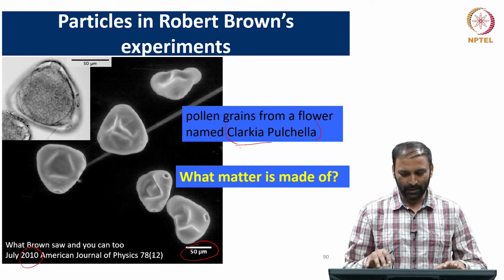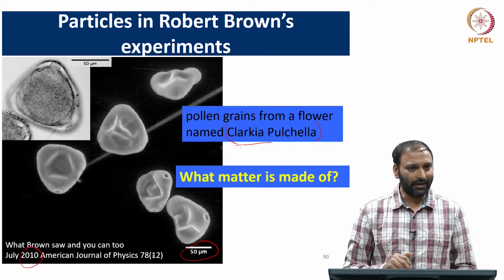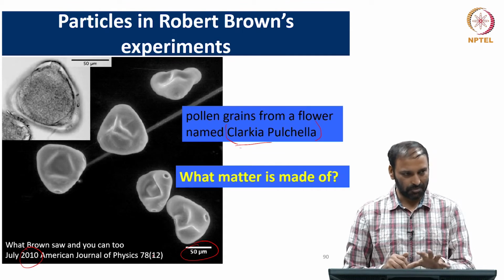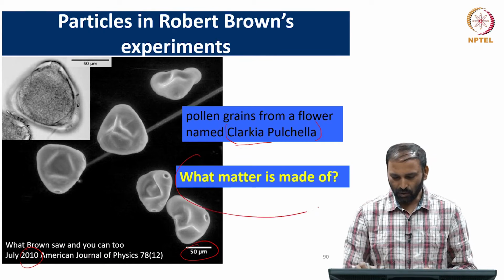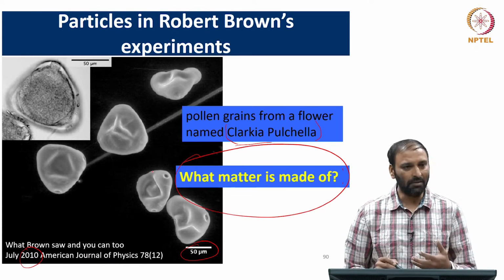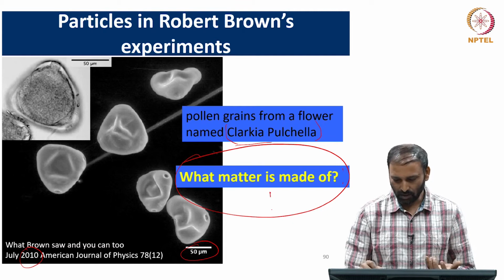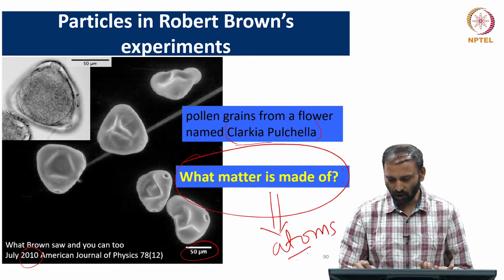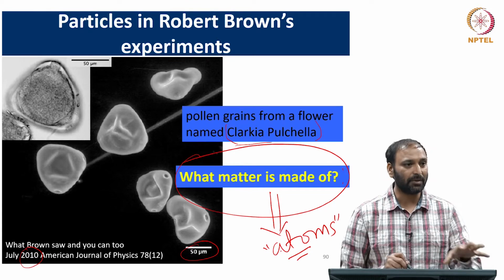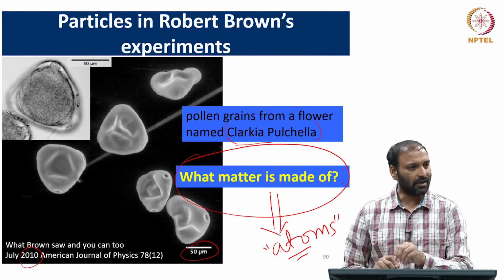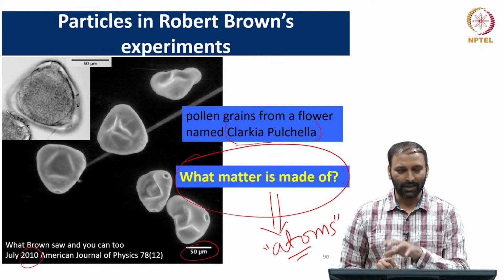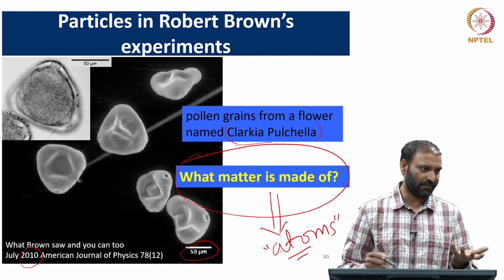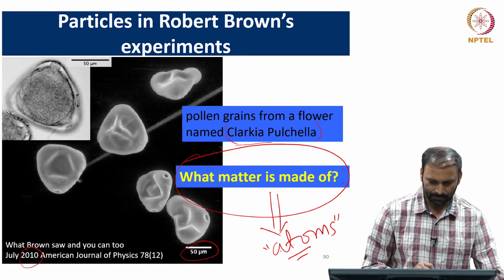Later on it turns out that these experiments of Robert Brown were essential to answer the question of what matter is made of. We know that atoms are the building blocks of everything, right? So his experiments were instrumental in telling you that atoms are the basic building blocks of everything that is around us.